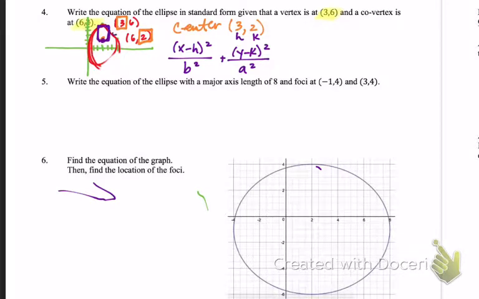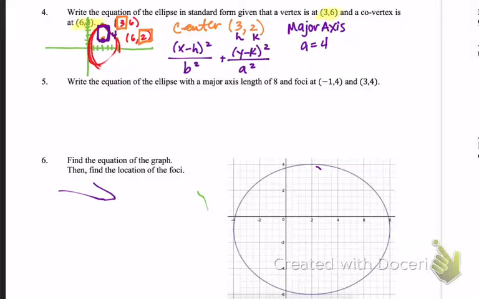So that distance is 4. So my major axis length, or the distance from my center to my vertex, a, is going to equal 4.